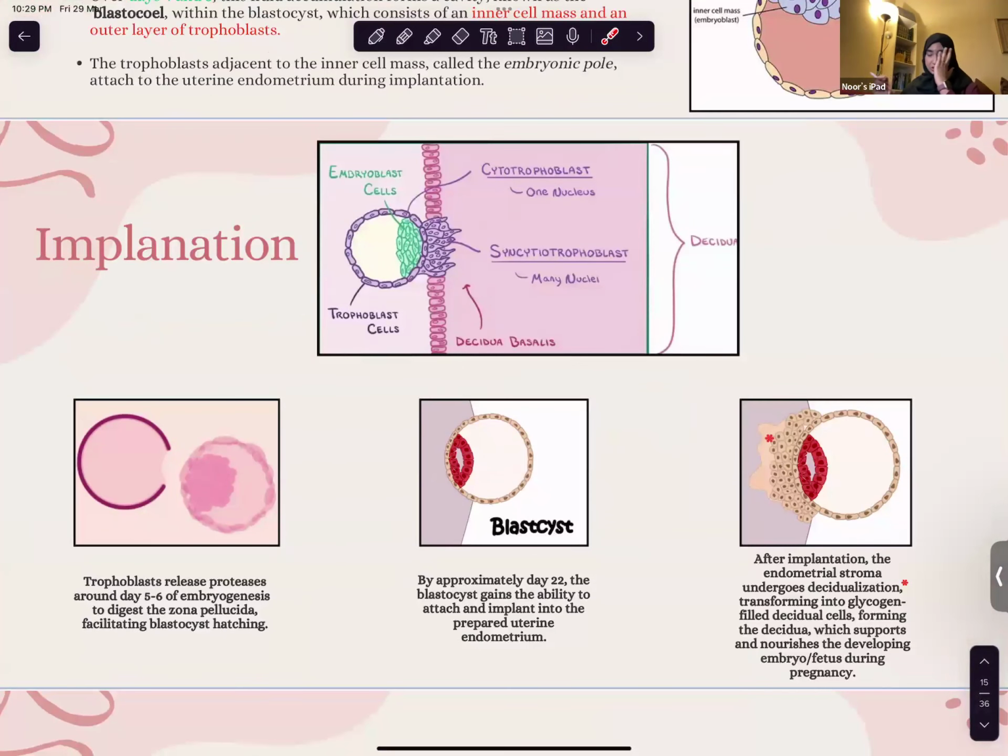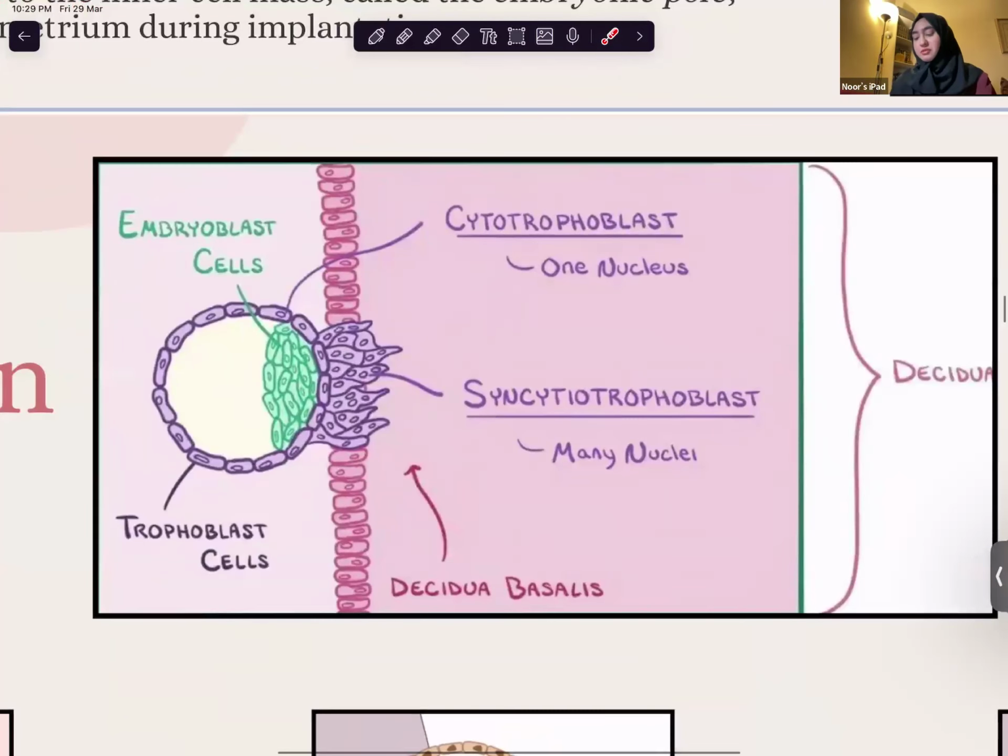Talking about implantation now, we have 3 important points here. So I would come to this picture first. Remember how we spoke that blastocyst has an outer layer, which is called the trophoblast, and the inner layer, which is called the embryoblast.